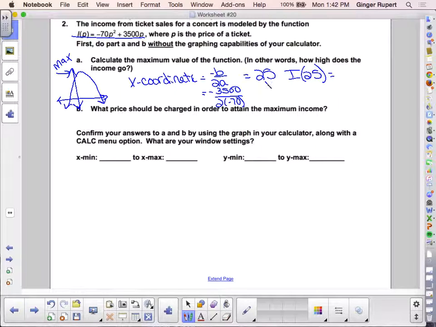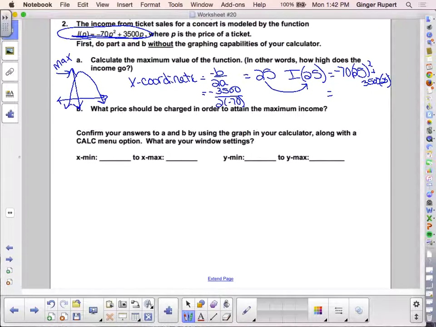To find the maximum value, I will find the income as a function of ticket price. So I'll substitute the x value into the equation. The ticket price will tell me then the income. So you're just substituting in that $25 into this equation as the price.